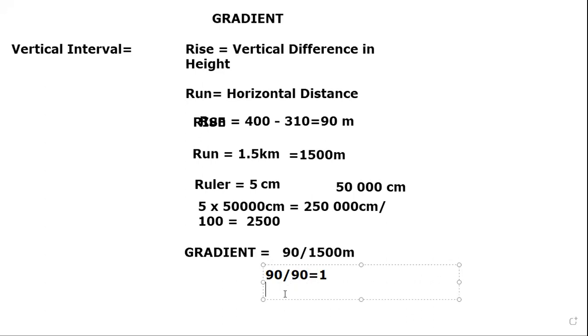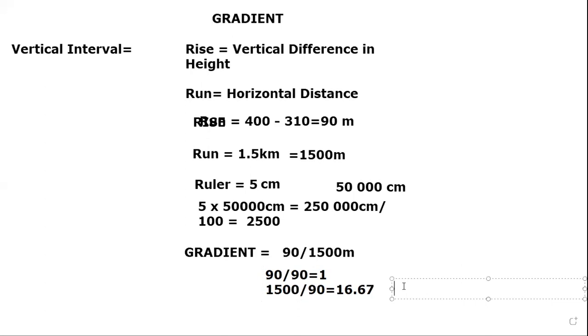And then 1,500 divided by 90 is how much? 16.67. Excellent. So how do you do your ratio now? Do you round it off? No, you leave it.